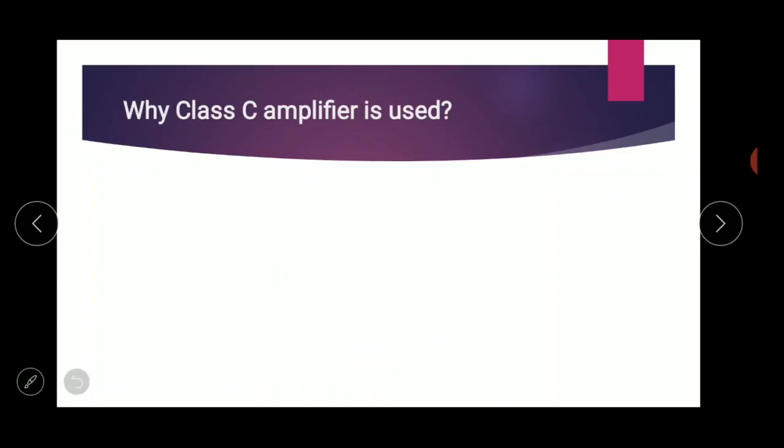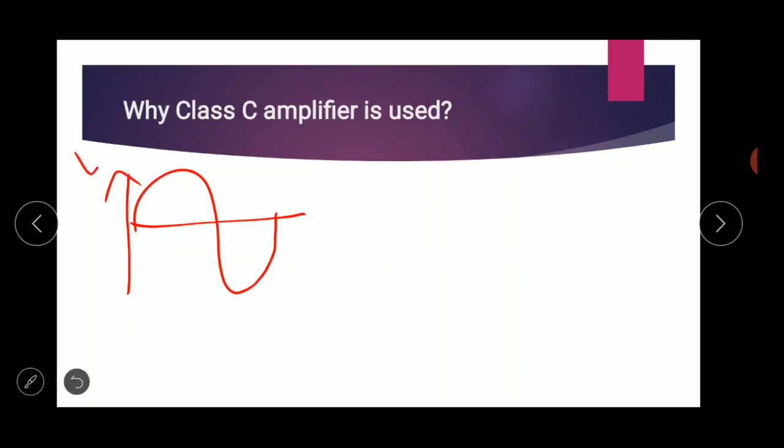Class C is not used in audio applications. It is applied in RF circuits, where the input is a radio frequency signal and additional tuned circuits are used for retrieving the original signal.